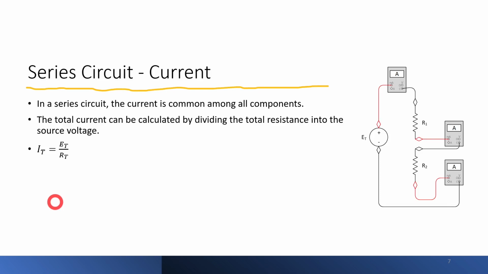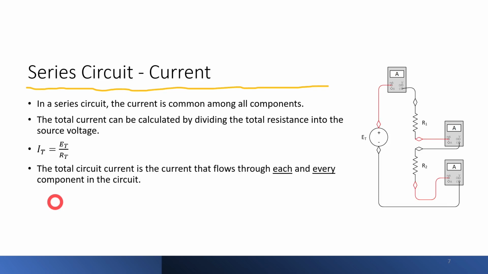If you want to get the total current, you have to use the total voltage and the total resistance. And we can use that total resistance from the previous page and calculate what our total current is. So the total current is going to flow through every component in a series circuit.